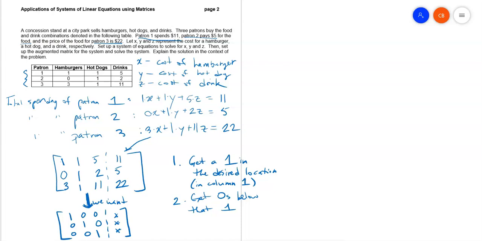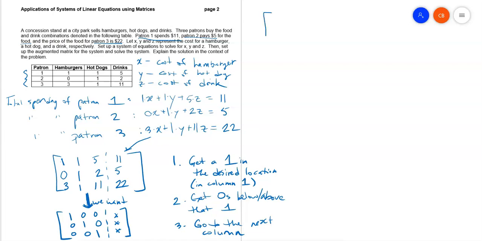And actually, I would like to say below and above, because here we're just talking about in general, and sometimes we want to get a 0 also above. For example, once we go to the second column, we will want to get a 0 that's above this one. And so we want to get zeros below and above the one that we just got. And then we will basically go to the next column and kind of rinse and repeat. So go to the next column. That's going to be our process, just so that we can stay as organized as possible while we're doing this. So why don't we give it a shot?